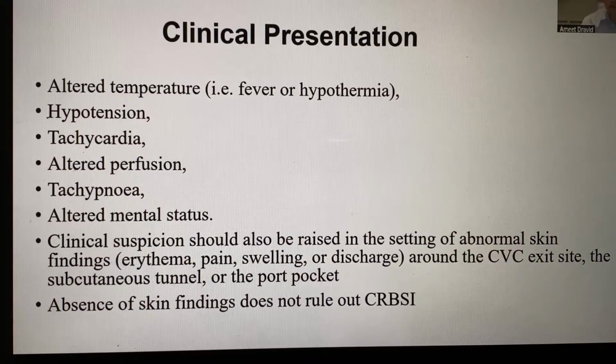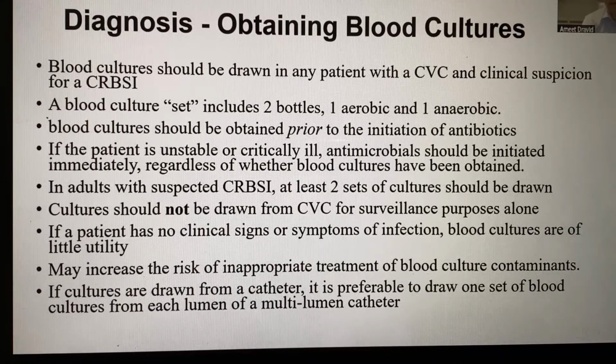However, absence of skin findings does not rule out CRBSI. So any patient who has a catheter in situ in the hospital, say for 7 to 14 days, coming to you with fever, high grade fever or hypothermia, hypotension, tachycardia, tachypnea, we should consider CRBSI as a differential for the cause of fever. How do we then diagnose it?